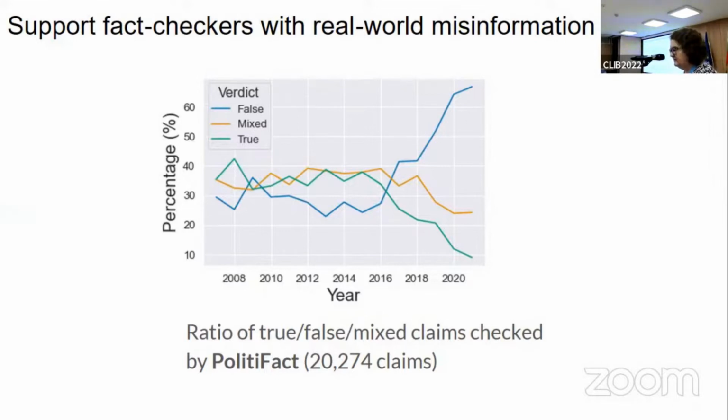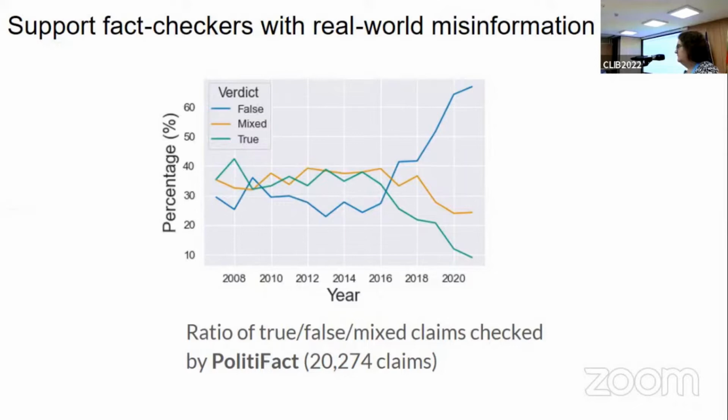And here we evaluate claims taken from a fact-checking website called PolitiFact, and we plot the number of false, true, and mixed claims over years. So what can we see here? We can see the empirical evidence that the number of false claims is rapidly rising in recent years.